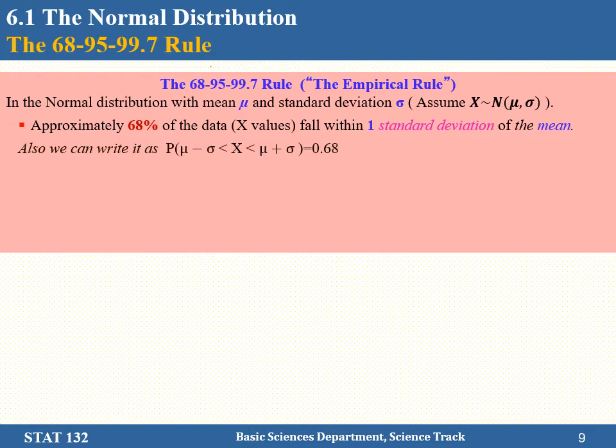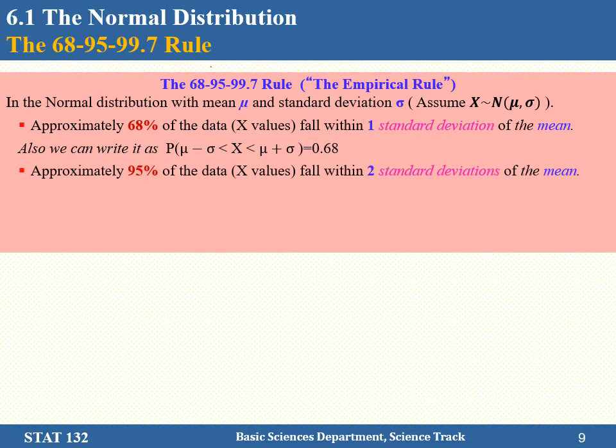What does this mean? It means the probability that x, or the percentage of the x values, between mu minus sigma and mu plus sigma is 0.68.